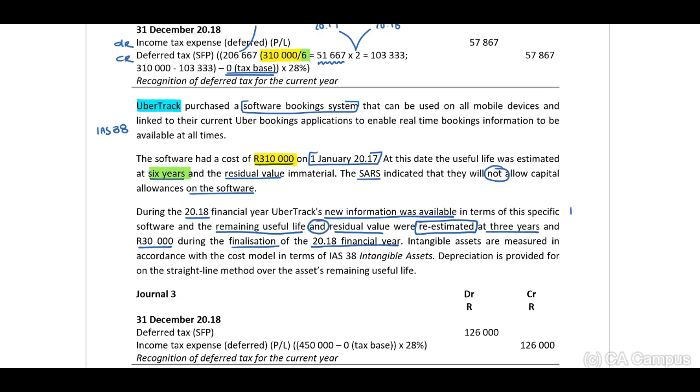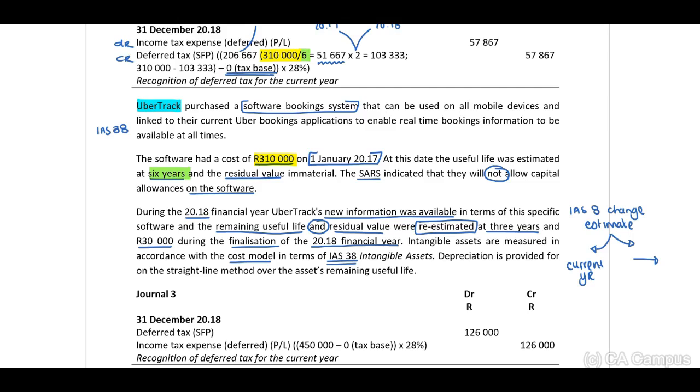Therefore, immediately, what do we identify? IAS 8, and this is a change in estimate. Change in estimate, we need to know that we need to apply this in our current year, as well as future periods. Intangible assets are measured in accordance with the cost model in terms of IAS 38 intangible assets.